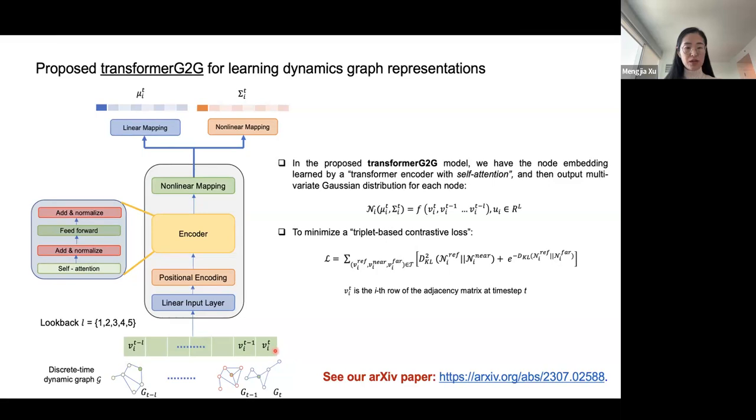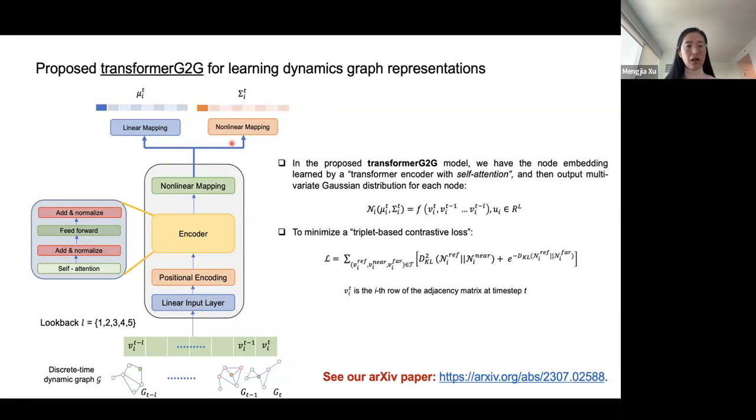And then here, we input these node-level attribute vectors. Each node attribute vector can be thought of as a token. So we input it to the transformer encoder, and to learn here, there are 2 additional projection heads. This is basically combined with our previous work. We still want to capture uncertainty quantification in our embedding space.